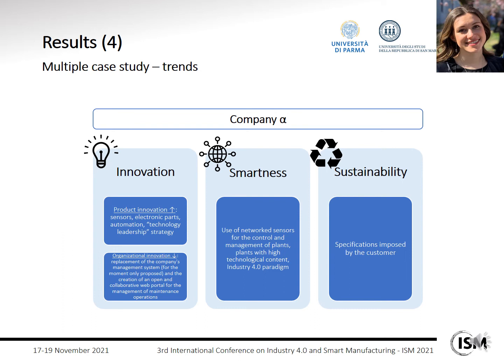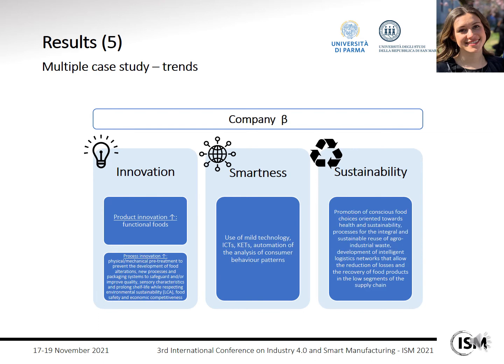So this company in fact adopts networked sensors for the control and management of plants, thus implementing the Industry 4.0 paradigm. As for the sustainability trend, Alpha simply follows the specifications imposed by customers.